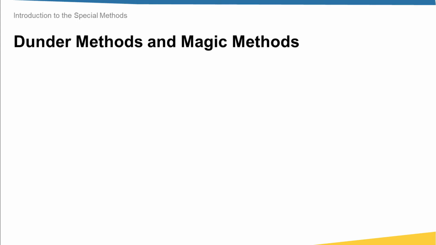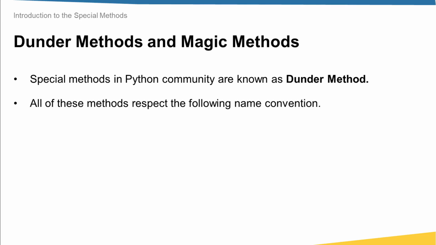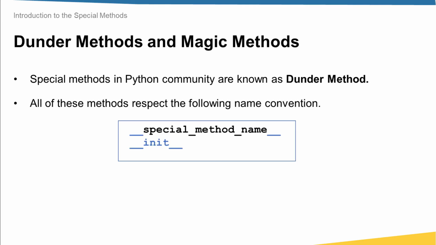Now let's talk about some terms that are usually related to special methods. In the Python community, we call special methods Dunder methods. You will ask why? It's very simple. Let me show you. As we have seen from the previous two examples, these methods have the following naming convention: two underscores, the special method name, two underscores. As an example, __init__.